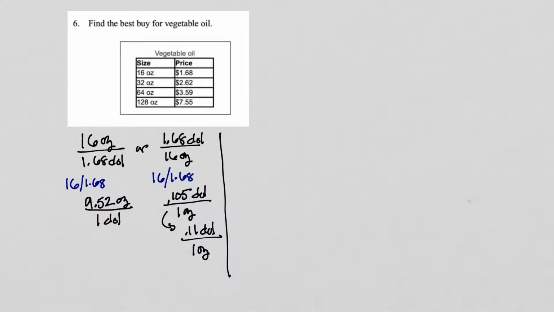Let's take a look at the second one. Now I'm going to do it this way, dollars per ounce. So I'm going to write this one as $2.62 for 32 ounces. And I'll make the division on my calculator like this: 2.62 divided by 32.